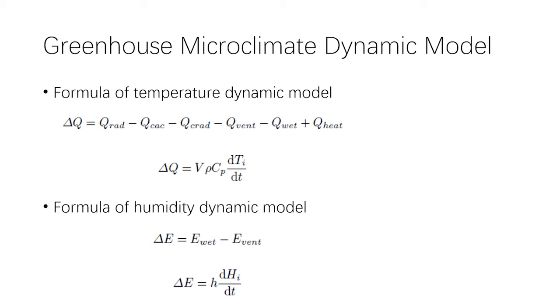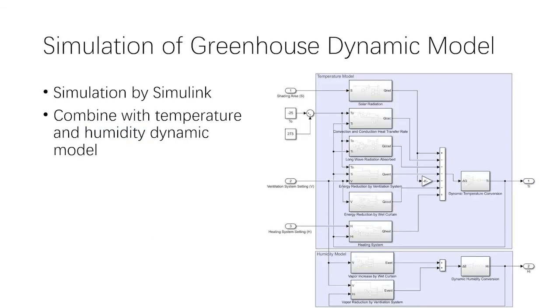We use these two formulas to simulate a dynamic model by using Simulink. Let's take a look at this figure. The upper part is the temperature model, and the lower part is the humidity model. We combine the temperature model and the humidity model into one model.